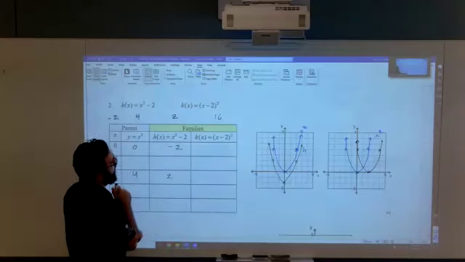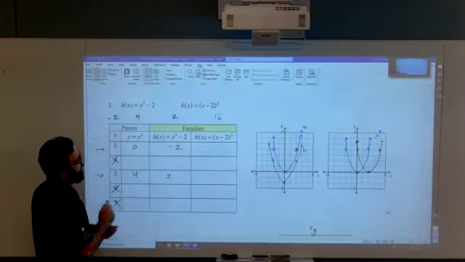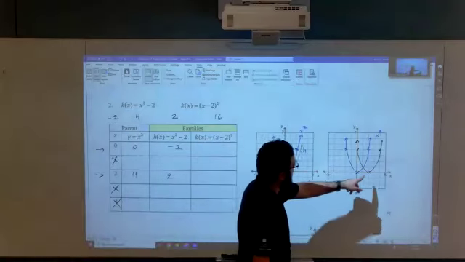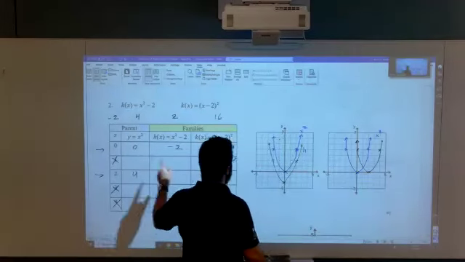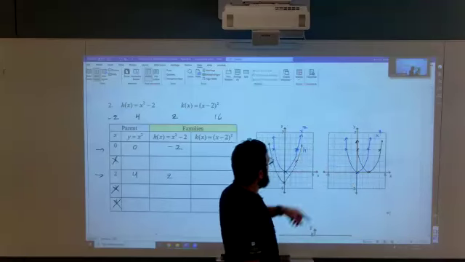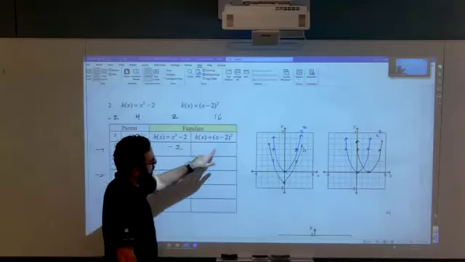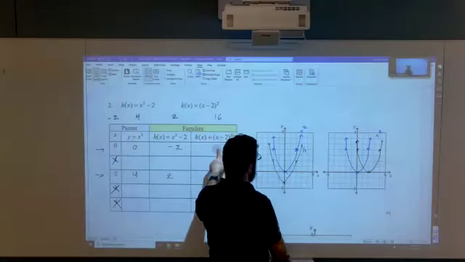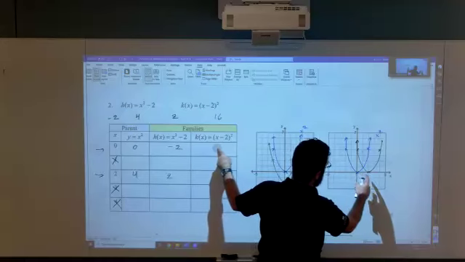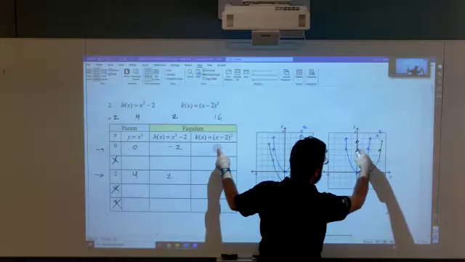Maybe -2 and 16. Plug in 0: 0 minus 2 is -2 squared, which is 4. So 0 and 4, which is this point. You see?